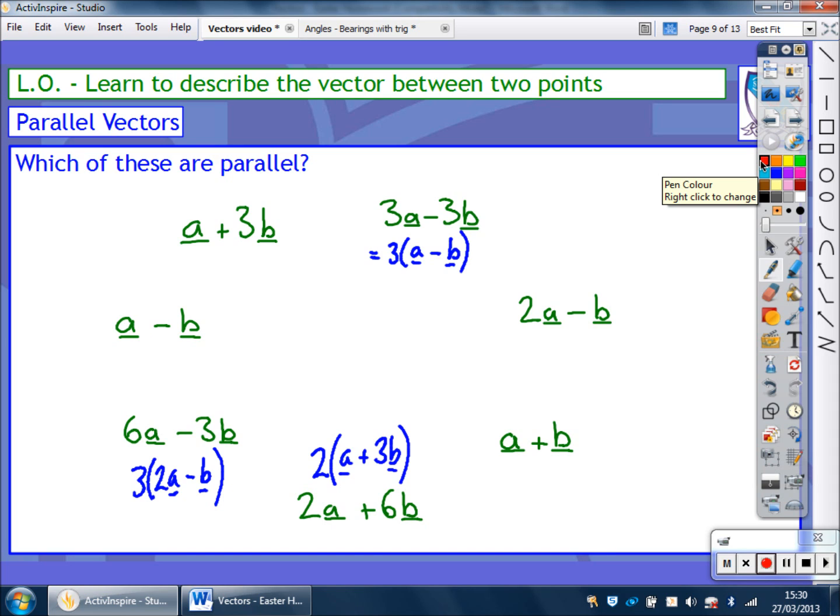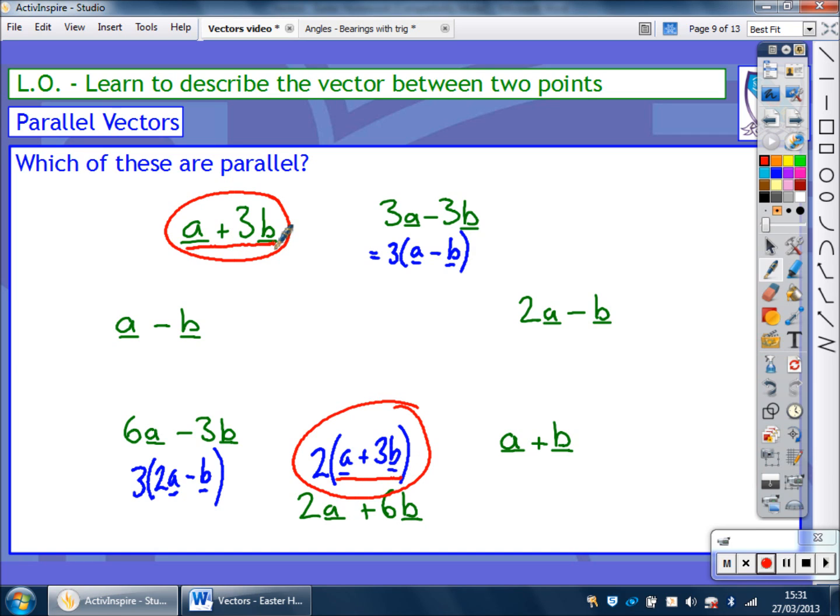So, what you should be able to see is that the vector A plus 3B also appears here, which means that those 2 vectors which I've circled in red are parallel because they have the same vector, just one of them is twice as big as the other one. But it doesn't matter how many times bigger a vector is, if it's going in the same direction, they are parallel. A minus B is parallel to 3 times A minus B because you can see the A minus B is there.